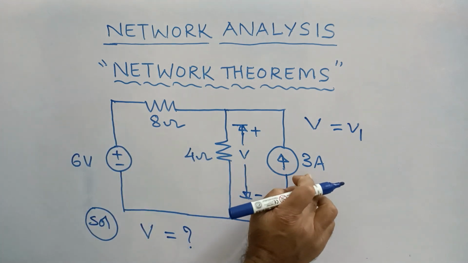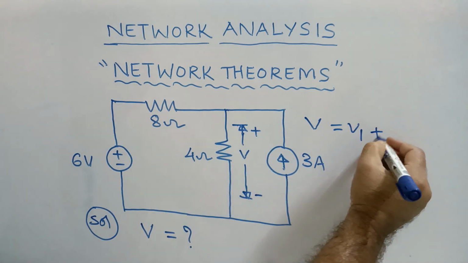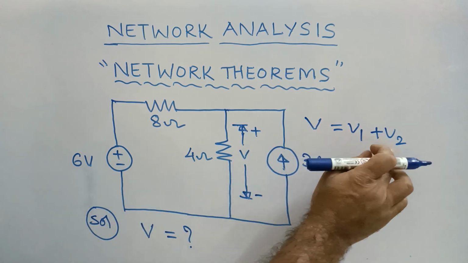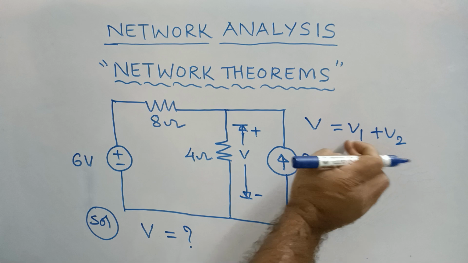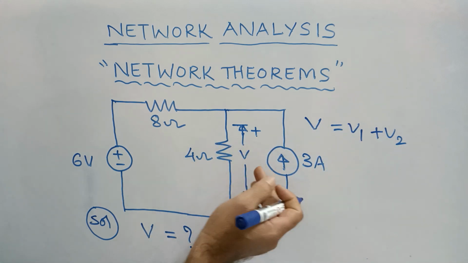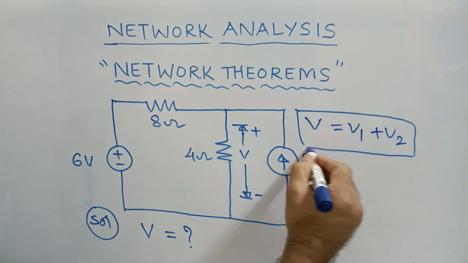Similarly, with respect to the current source also, I have to find the voltage V, that is V2. If you sum up V1 and V2, then whatever value comes is the voltage across the 4 ohm resistor. That is your answer. So V is equal to V1 plus V2.